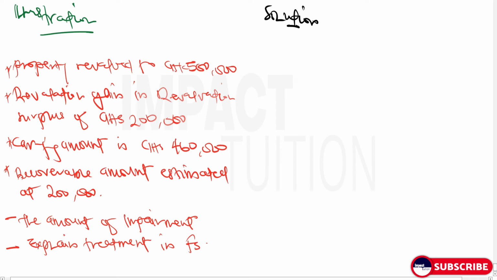Recoverable amount is the higher of the fair value less cost to sell and the value in use, which we have been given to be 200,000.